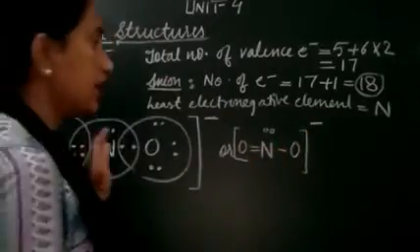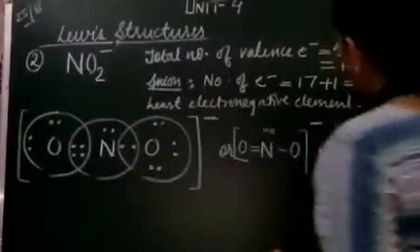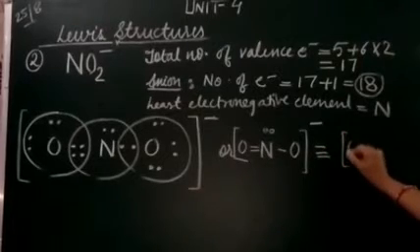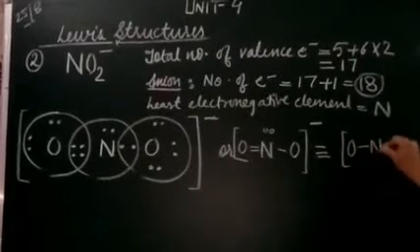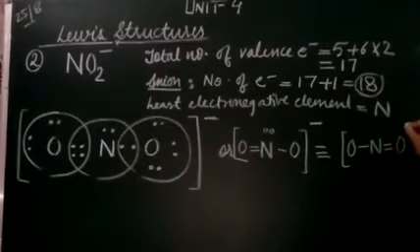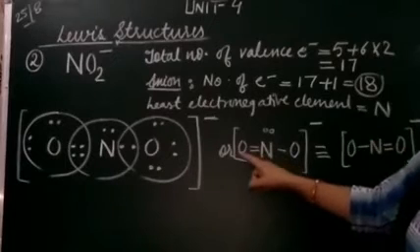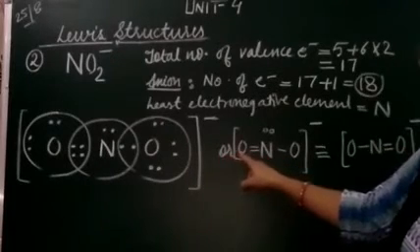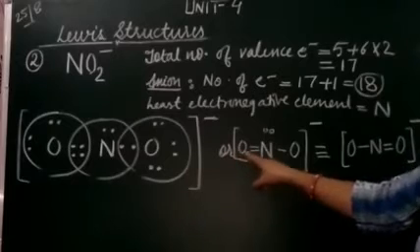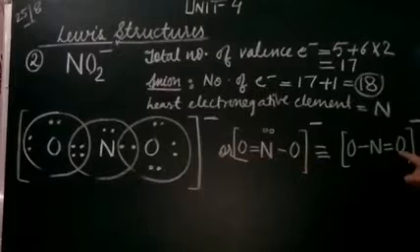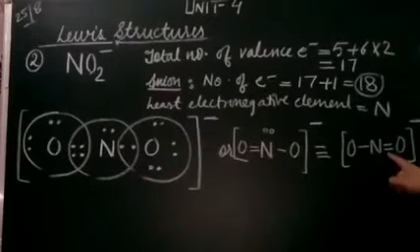Right, this structure can also be represented as oxygen, single bond, nitrogen, double bond oxygen. Here I am putting it in this way. That means the lone pair can be shifted from either oxygen atom. If it is from the left, the double bond will be on the left hand side, and if it's from the right hand side oxygen atom, you can show it in this way.